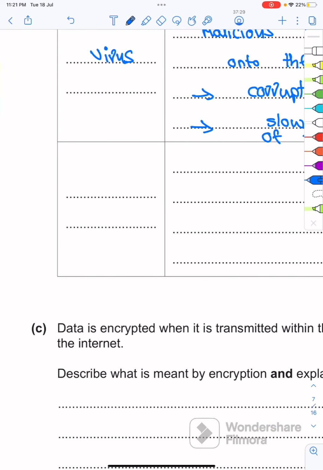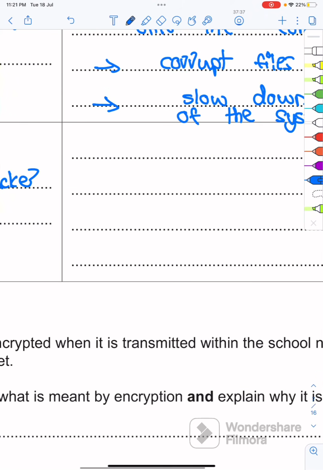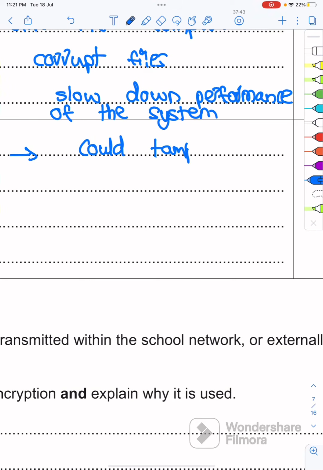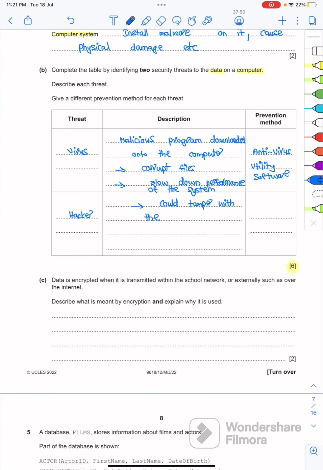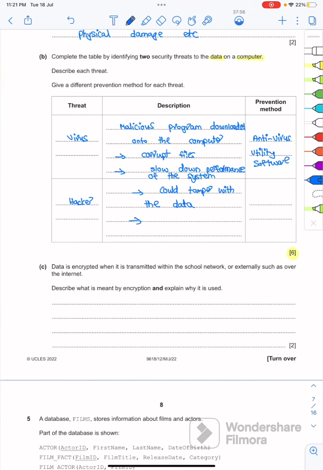Now another threat that the program could potentially face is from a hacker, right? And that hacker could tamper with the data. Excuse my writing if it's a bit difficult to comprehend. Could tamper with the data, and you just have to mention one of these. I'm mentioning more and more just for your case.